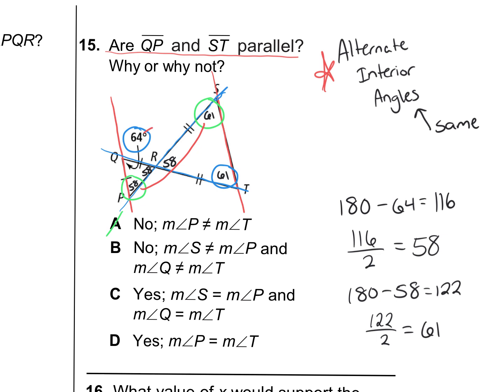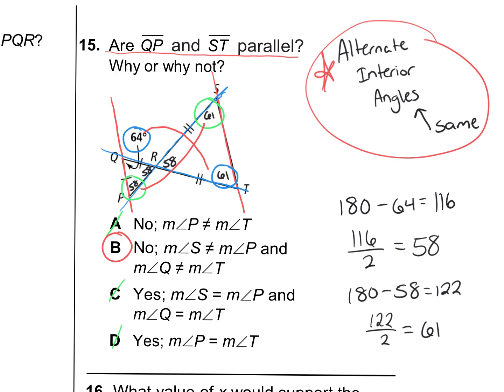They should be the same. And with these two, those two should be the same. Are they? No. So B is our answer. They are not parallel because their alternate interior angles do not match. So then you don't even need to go through C and D. You want those alternate interior angles to match. So again, just make sure you're looking for these because you know those should be the same.